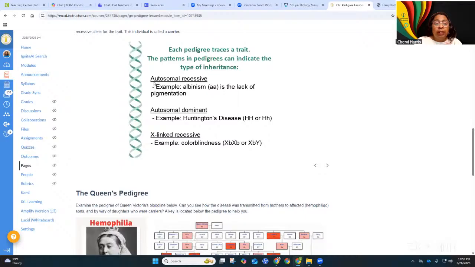All right, again, autosomal means that it's carried by regular body cells, like your eyes, your ears, your skin, your liver, all those kinds of things. Sex linked means it's attached always to either the X or Y chromosome. So make sure you know the difference between autosomes. If it's recessive, it's going to be a lowercase letter. If it's dominant, it's a capital letter.